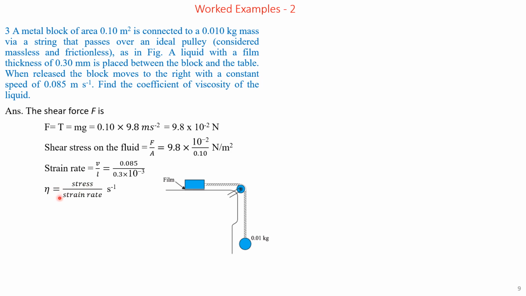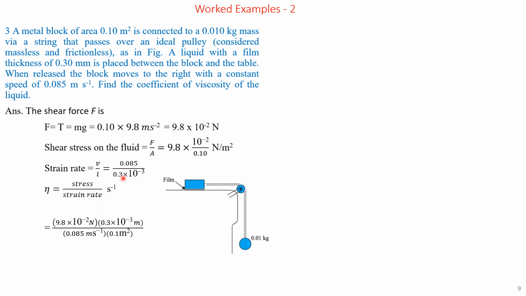Eta is given by, substituting the values, 9.8 into 10 to the power of minus 2 divided by 0.1, divided by 0.085 meters per second.